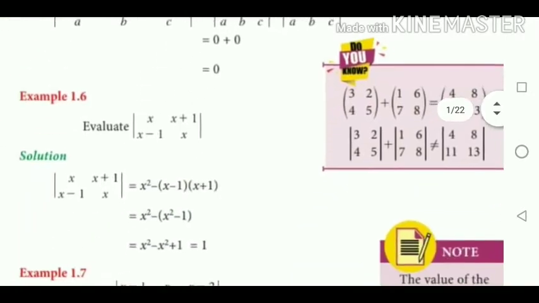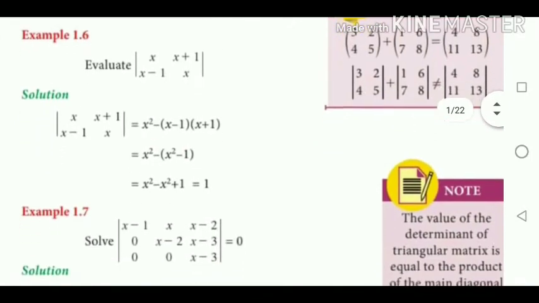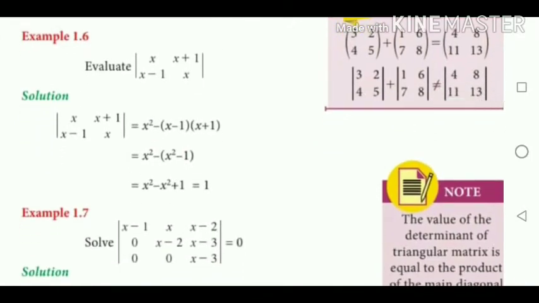Then going to example 1.6: evaluate the determinant with rows x, x plus 1; x minus 1, x. Here they said evaluate. This is a 2 by 2 matrix because there are two rows and two columns. If they say evaluate, it is a single minor. So cross multiply: x into x is x square, then x minus 1 into x plus 1.